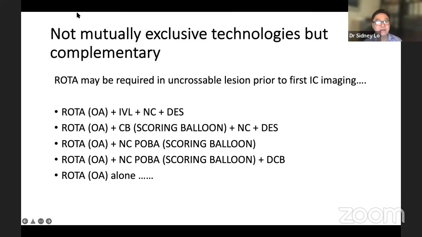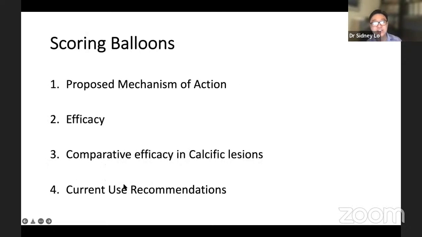But we're talking about rota or orbital plus IVL, non-compliant balloon dilatation, maximization, optimization, and then a drug-eluting stent and re-image. In fact, cutting balloon, scoring balloon, various combinations may occur. Of course, I've left out DCA because only Japan has DCA alone. Of course, occasionally we just take a 2.0 burr and just burr it without actually doing anything else.